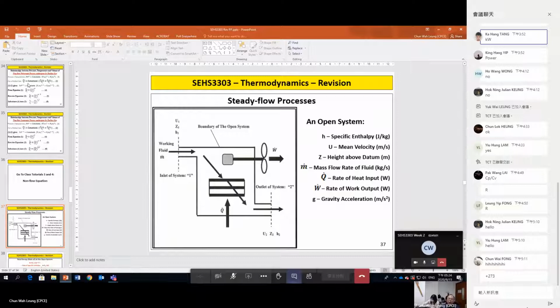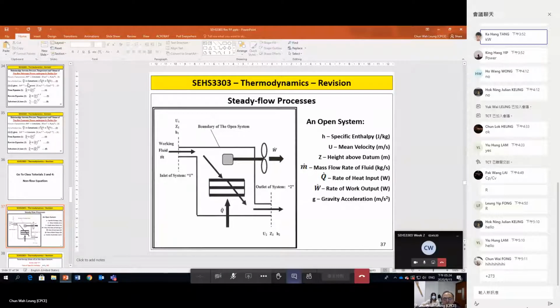of the working fluid. The working fluid is flowing through the system with a certain mass flow rate m dot. M is mass. Put a dot on top of mass, that is the mass flow rate. In other words, mass per second.